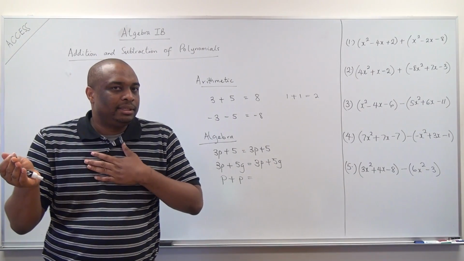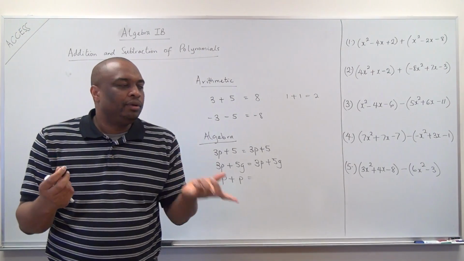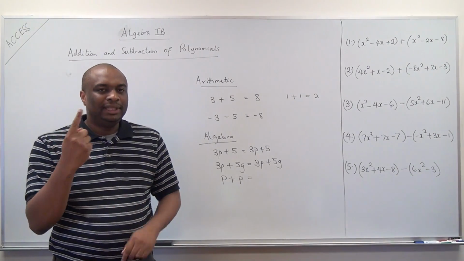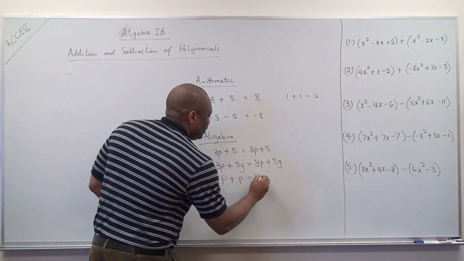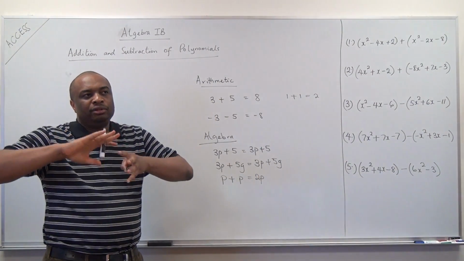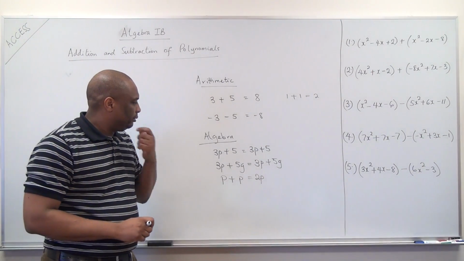How many pencils do you think James will give me? Just 1 pencil. So, if we just say p, it means just 1p. That's what it means. Right? So, this becomes 2p, just like you have 2 here. So, these are the kind of things you need to get familiar with before we do this.